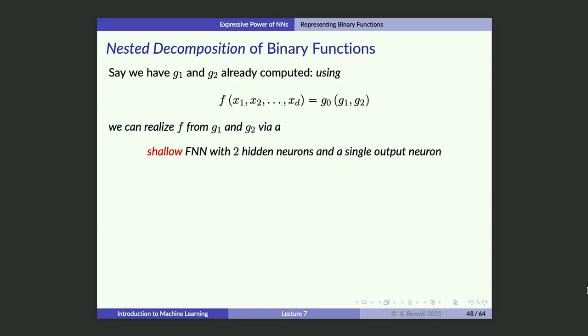I'll give you a few seconds to think about this. So I have g0. g0 is a binary function. It's a function of g1 and g2, and I have given you g1 and g2, right? Now you don't know what g0 is, so you want to realize it by a neural network. How can you make sure that you can do it? How many neurons do you need?